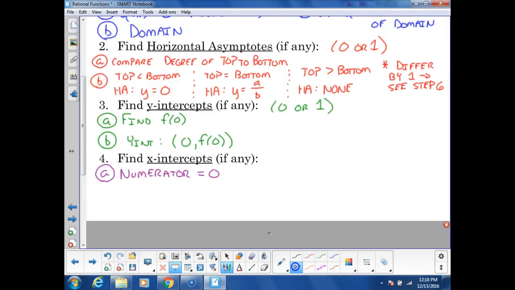And then we solve that. And then this is going to be some number, comma 0, right? How many x-intercepts can there be? 0, 1, or multiple, right? Because there could be 3, there could be 4.